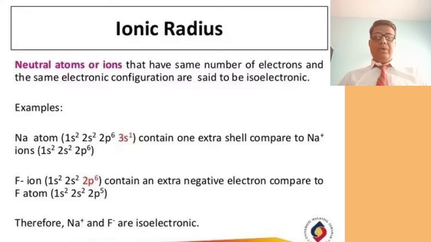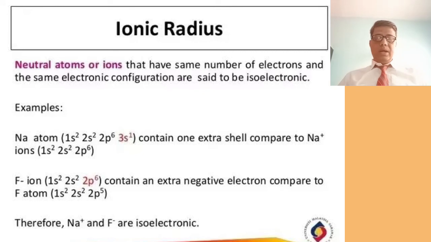It loses 1 electron and Na plus is formed, so the number of electrons is also 10. That is, F minus and Na plus both have 10 electrons, so they are called isoelectronic species.